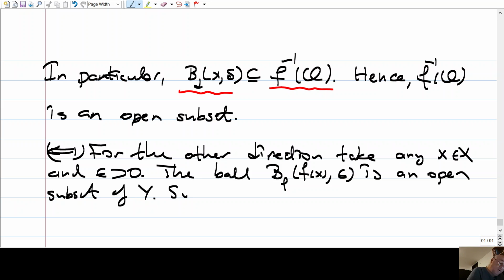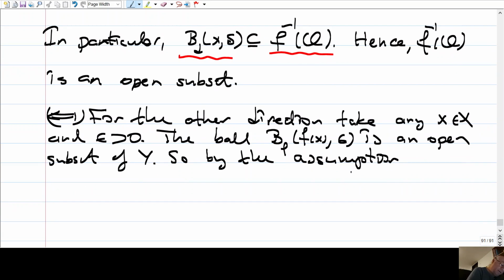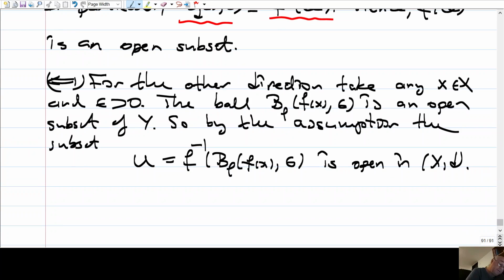So by the assumption, let's say the subset U, which is f inverse of this ball, is open in X d, right? This is my assumption.